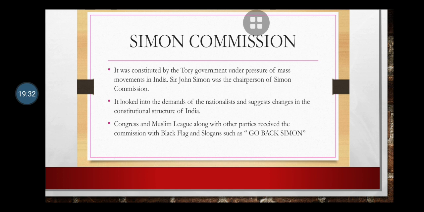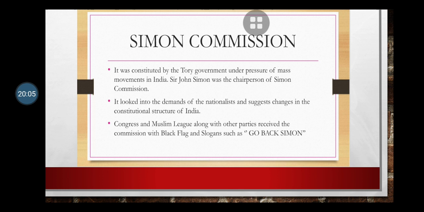It looked into the demands of the nationalists and suggested changes in the constitutional structure of India, because the British government had seen the 1857 revolts, and seeing that, they were afraid that they would soon have to make some changes in the constitution, so that people don't raise their voice so fiercely. They were also apprehensive of growing discontentment among the people after the First World War.